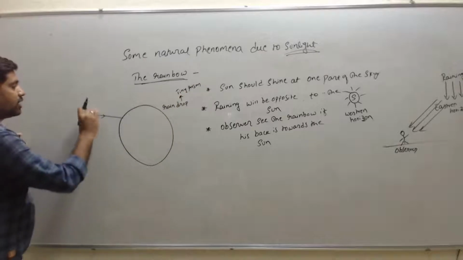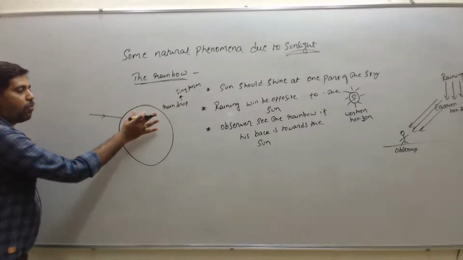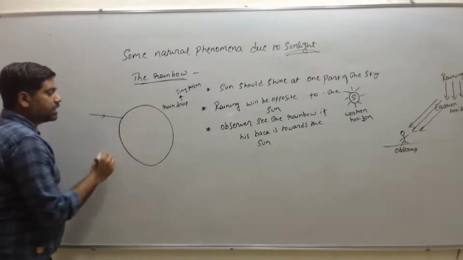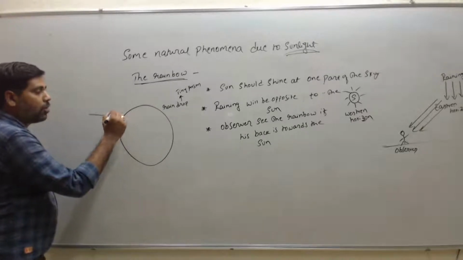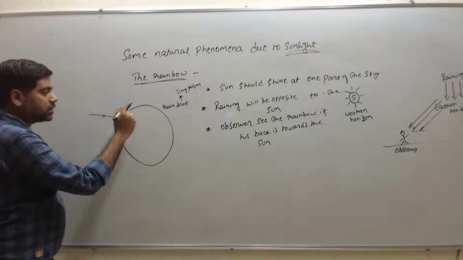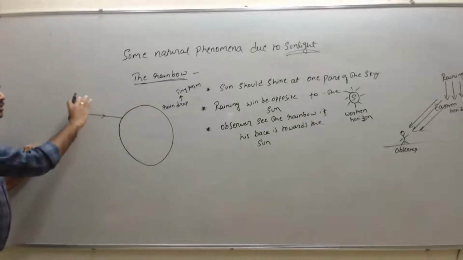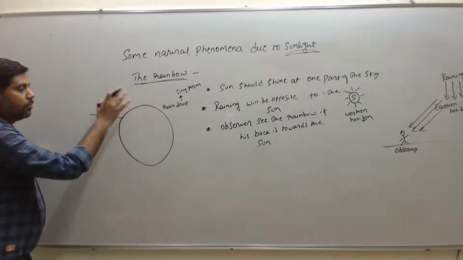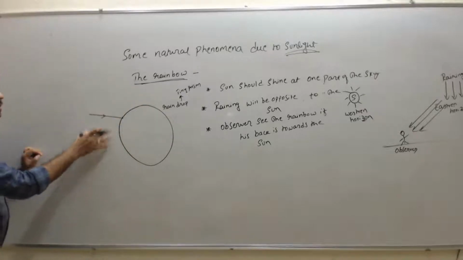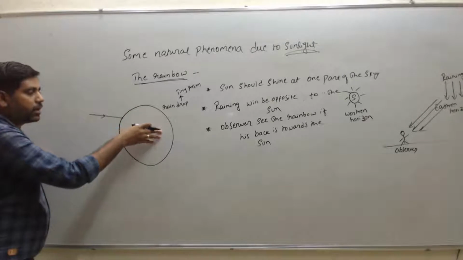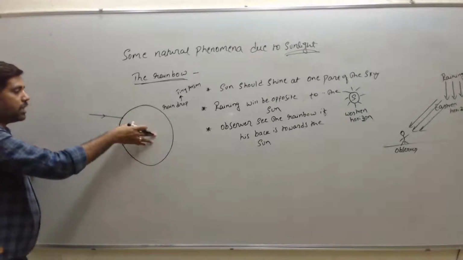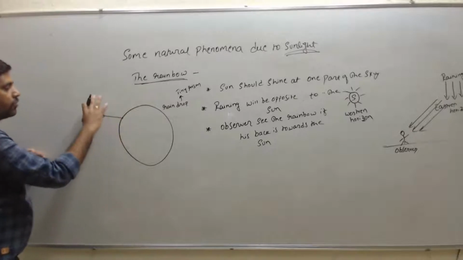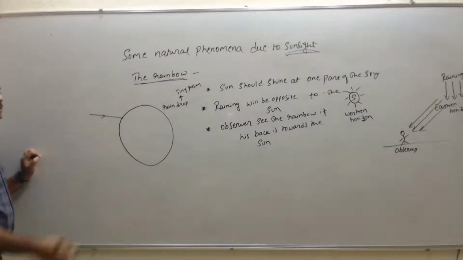That is, as the sun rays enter the water drop, dispersion takes place at this point. Along with the dispersion, refraction also takes place because the sunlight travels from a rarer medium to a denser medium. If we consider air here, and water here, the refractive index of water is more than that of air, hence the refraction takes place from rarer to denser medium.